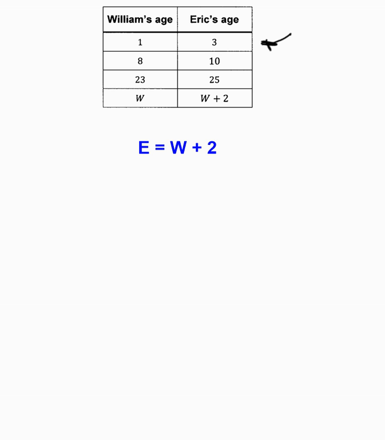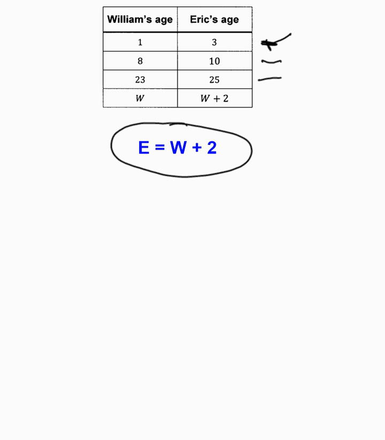When William was 8, Eric was 10. When William was 23, Eric was 25. So you look at that and pretty quickly you can work out that Eric is 2 years older than William. And the way we write that mathematically is this equation.